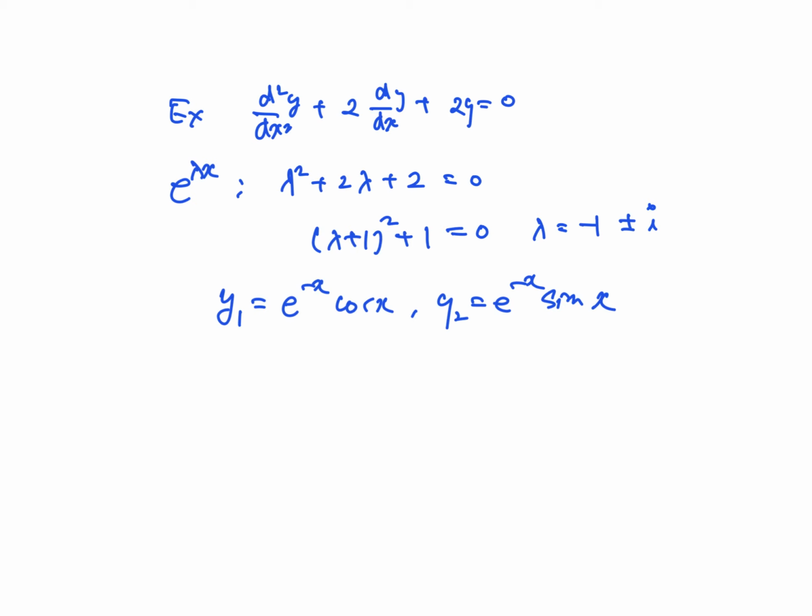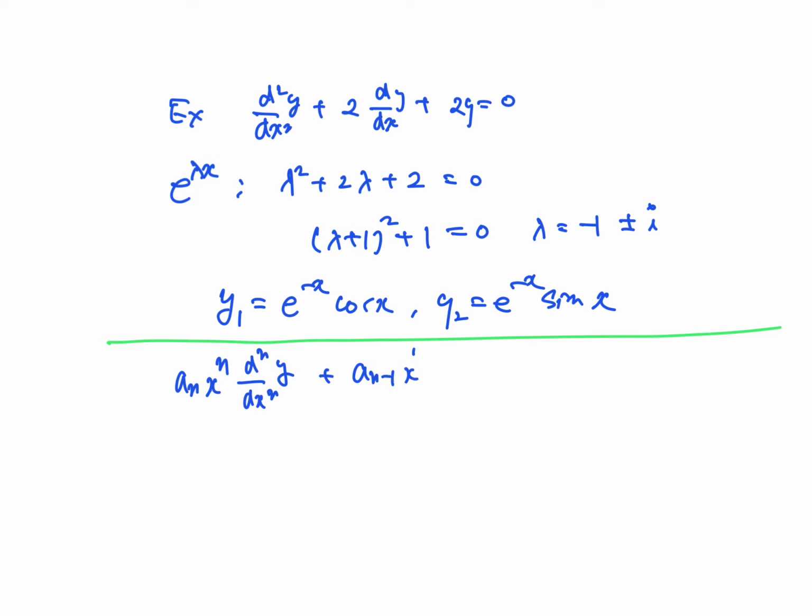So we have covered enough for the constant coefficient case. Another interesting case is the following: a_n x to the n d^n y over dx^n plus a_(n-1) x^(n-1) d^(n-1) y over dx^(n-1) plus and so on, plus a0 y is equal to 0.